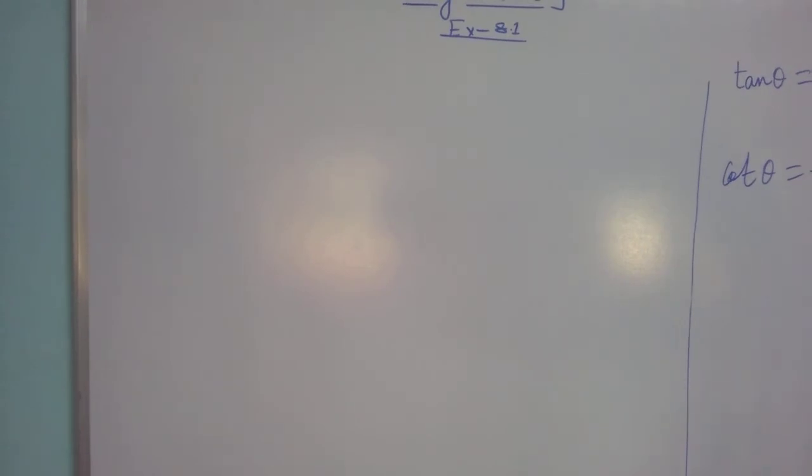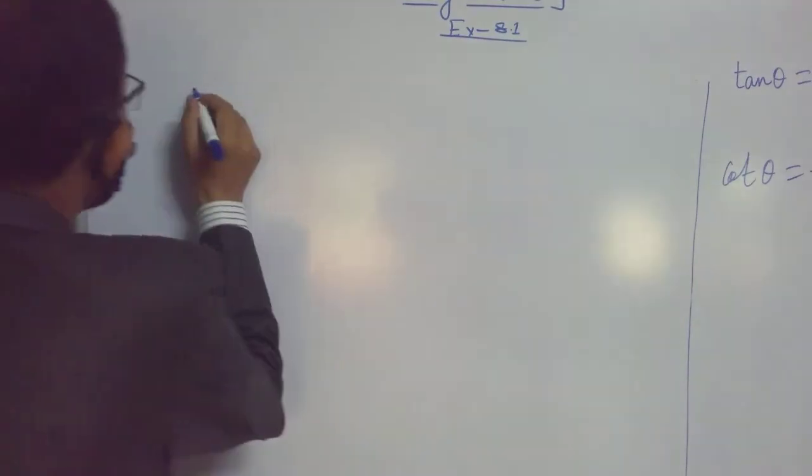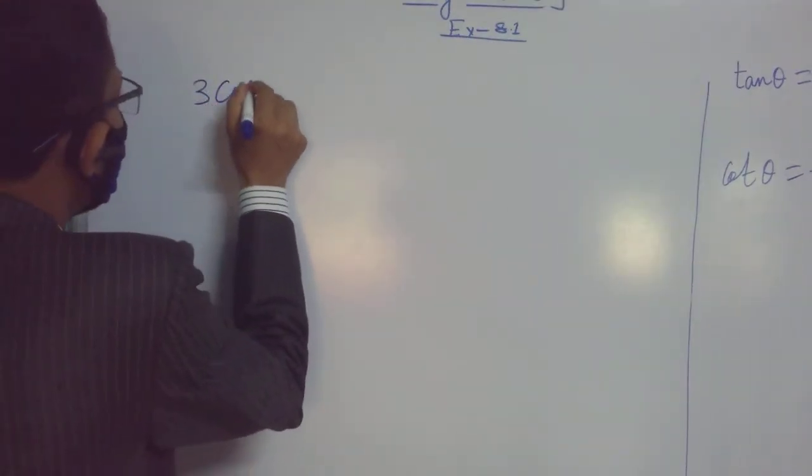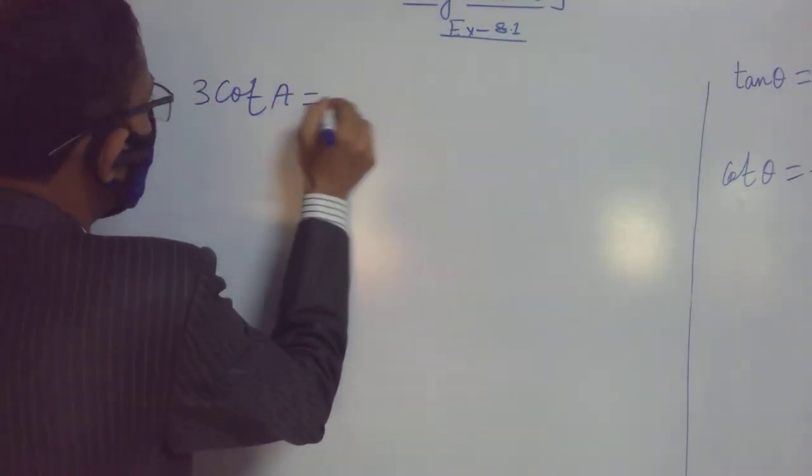So check whether 1 minus tan square A by 1 plus tan square A is equal to something, given 3 cot A equal to 4.